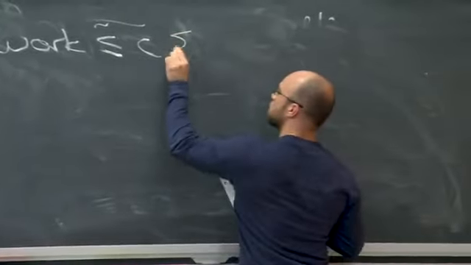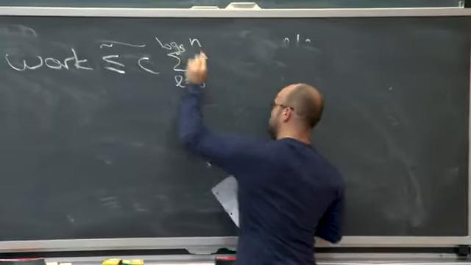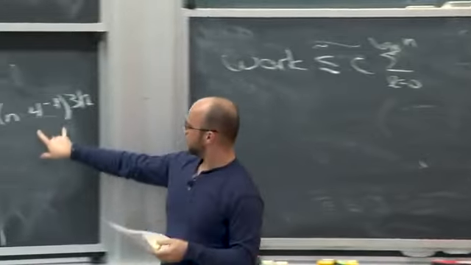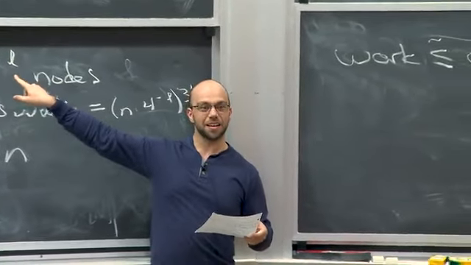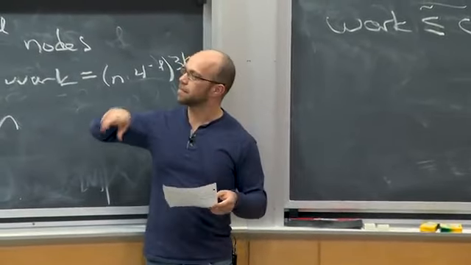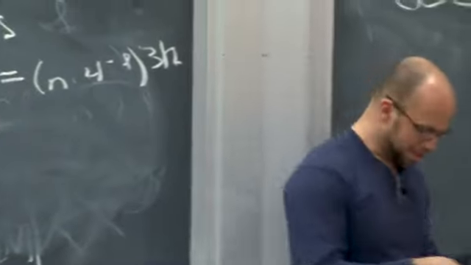Well, we're going to have the sum from L equals 0 to log base 4 of n of exactly the quantity, this guy multiplied by the number of nodes in the row. Yes? Is the reason why you made this the inequality because of the big O? That's exactly right.